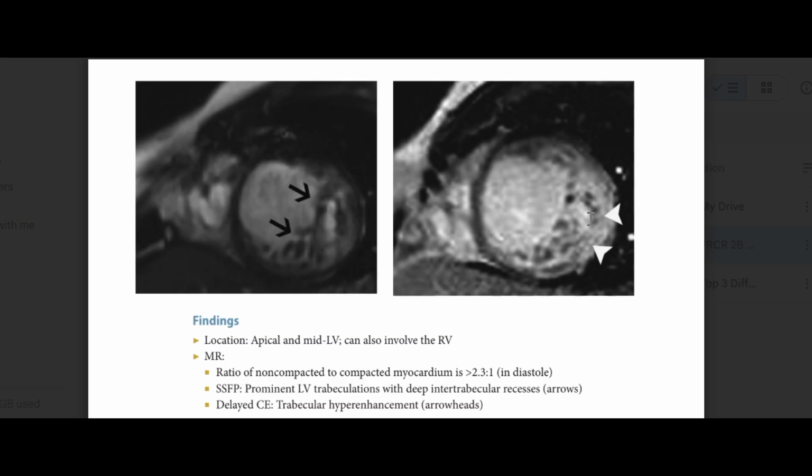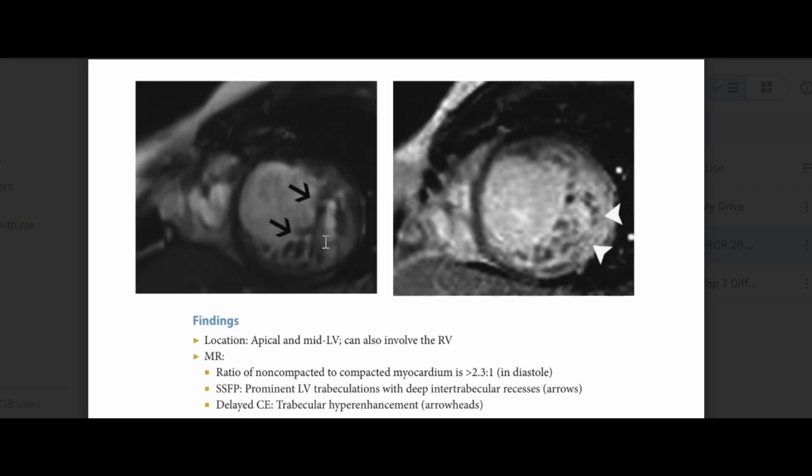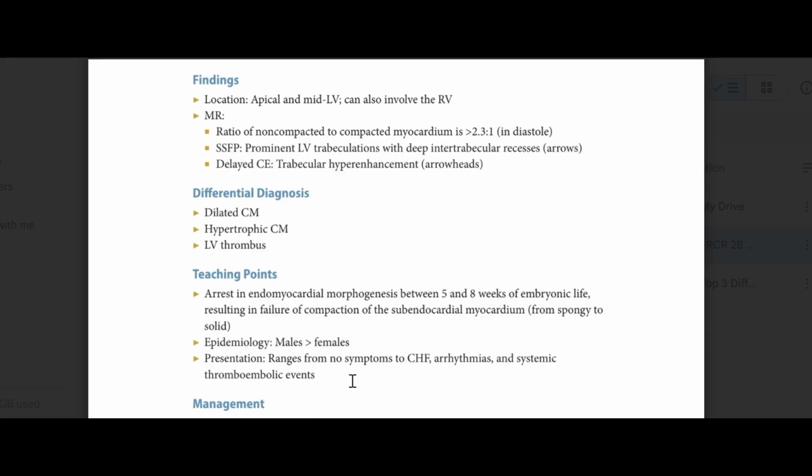There is prominent left ventricular trabeculation with trabecular hyperenhancement. Diagnosis: left ventricular non-compaction, a common cause of arrhythmia.